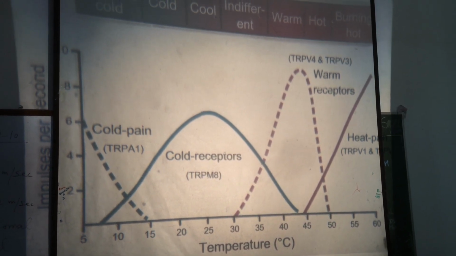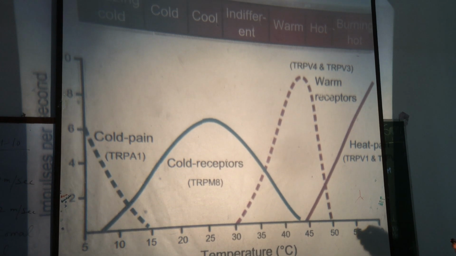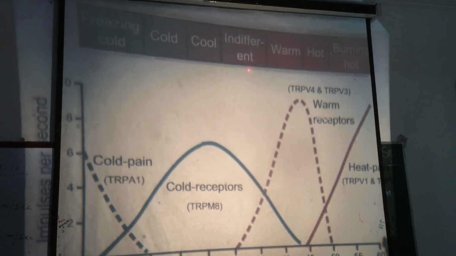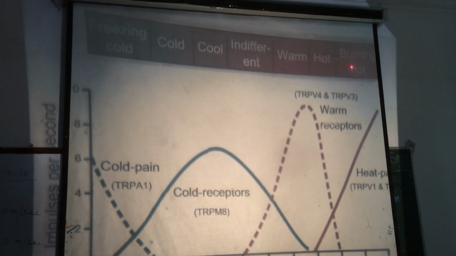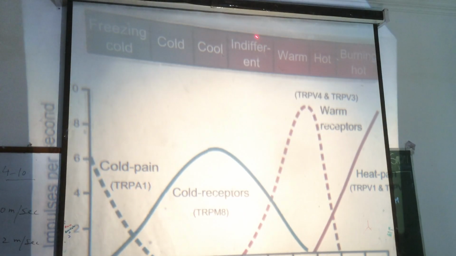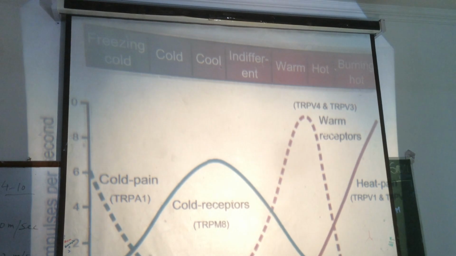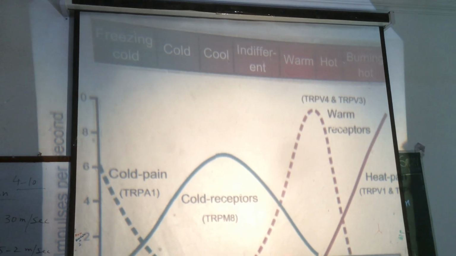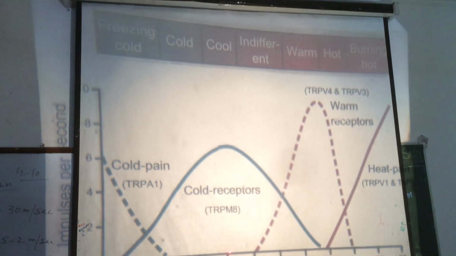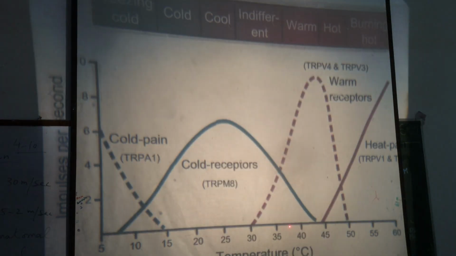Now you see freezing cold, cool, indifferent zone, warm, hot, and burning hot. The indifferent zone, or neutral zone, is between 29 and 36 degrees centigrade.